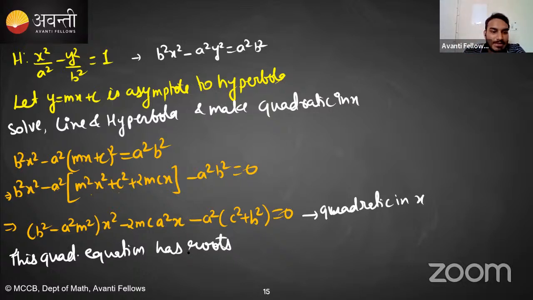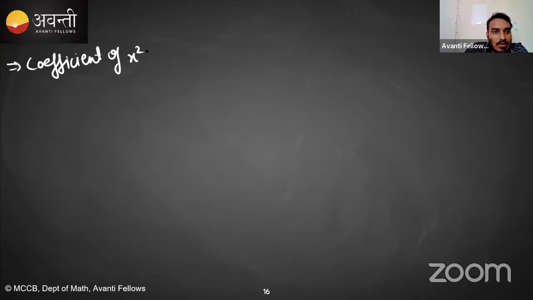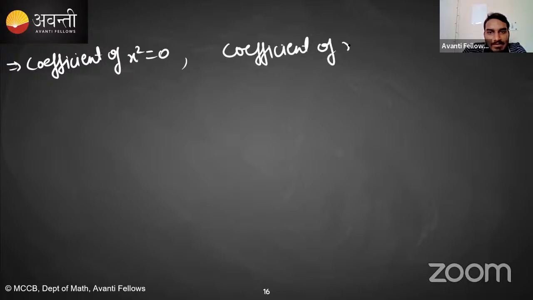Is this clear? What does it imply? It implies the coefficient of x square should be 0, and the coefficient of x should be 0.